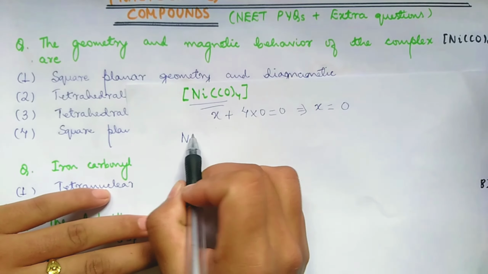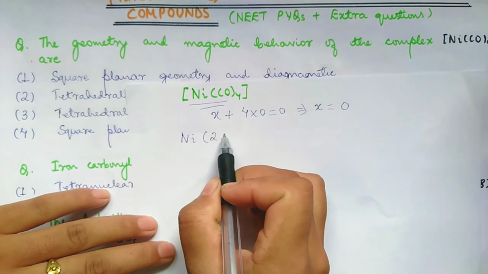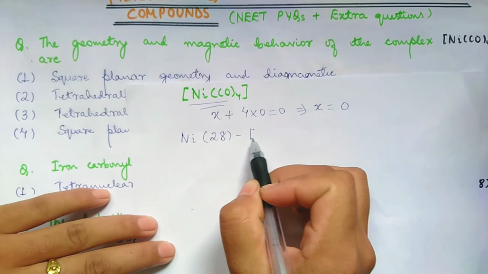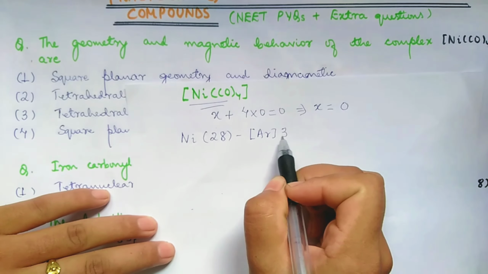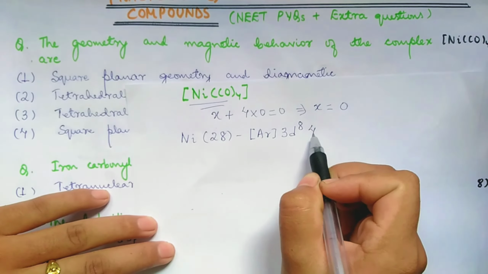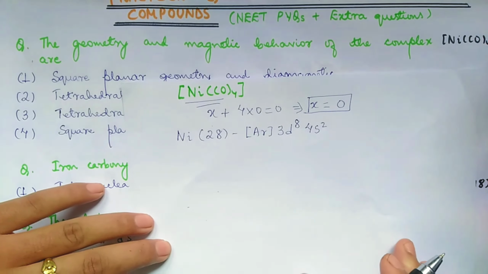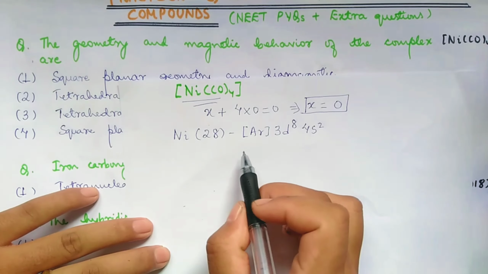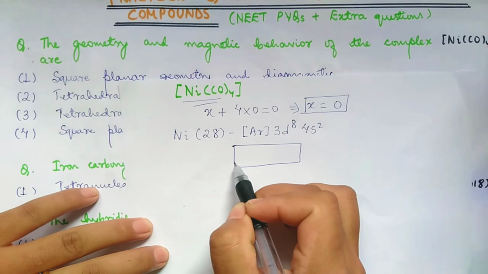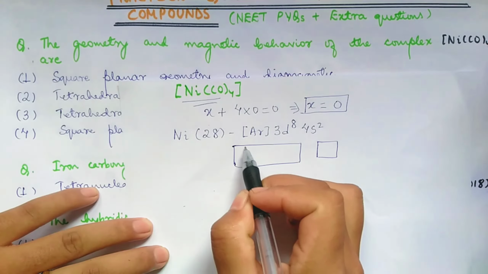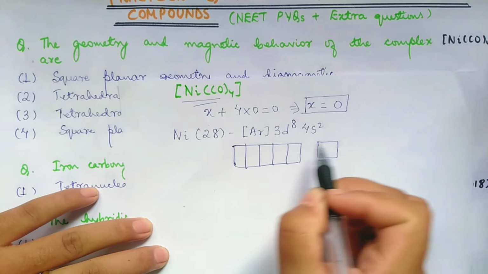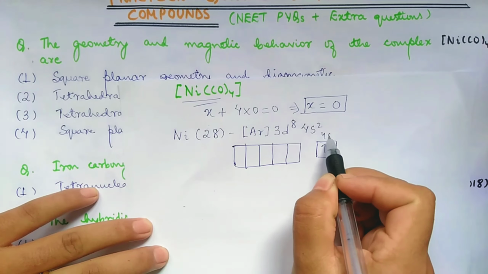Write the electronic configuration of nickel. Atomic number 28. We have argon 3d8 4s2. 0 oxidation state means no electrons are lost. Here we have 2 electrons in the 4s.